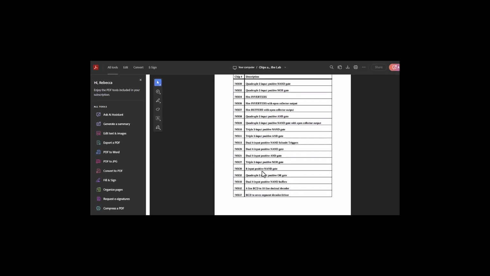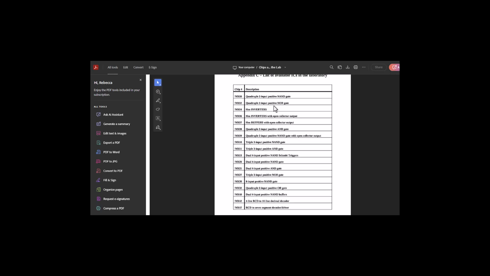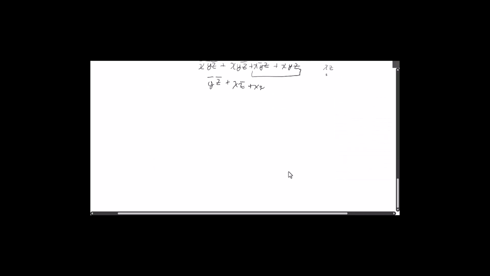What about an OR gate? Well, we only have a 2-input OR gate, so like let's say you had a 4-input OR gate and you only had 2-input gates to use with those. You could have 2 like that, and then you could take the OR of those.